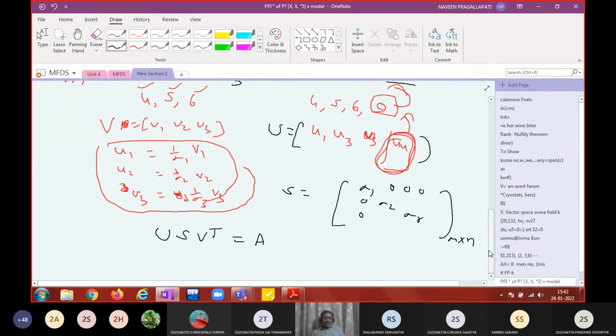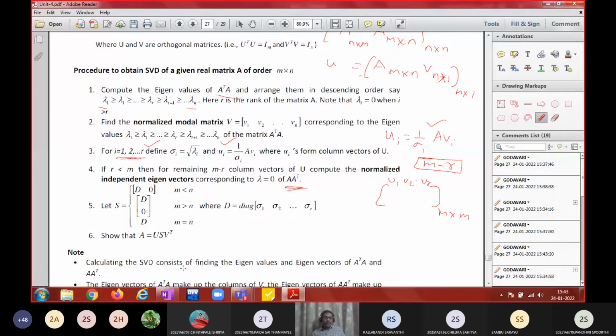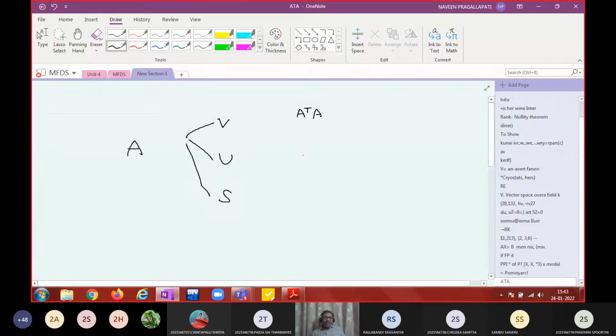So what are the steps involved? For a matrix A, there are three tasks. One is computing V, another is computing U, and the other is computing S. V is nothing but the normalized modal matrix corresponding to A transpose A, and U is the normalized modal matrix corresponding to A A transpose.